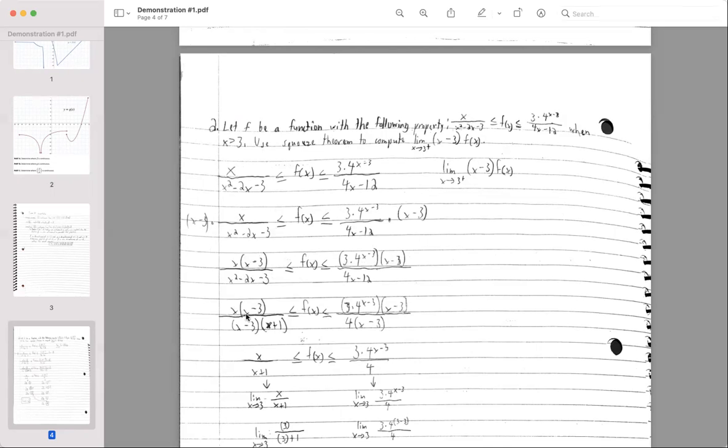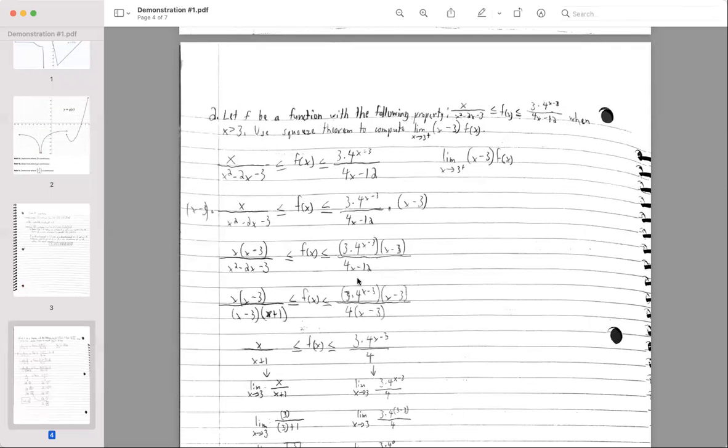And so before you do that, you're going to factor the bottom. After doing this, you can see this can be broken up into x minus 3 and x plus 1. And then on this side, if you take out the 4, that leaves you with x minus 3.